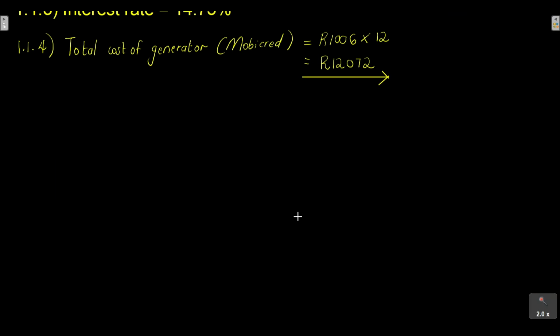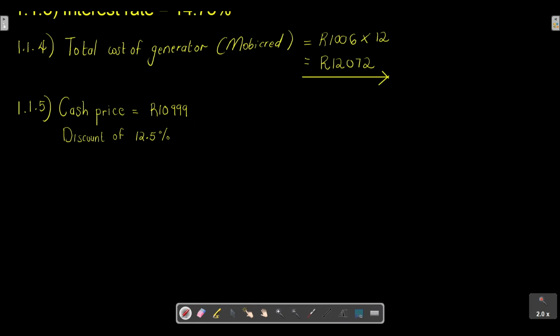So let's have a look here. This is question 1.1.5. We know that the cash price for the generator is equal to 10,999, and we are told that you're given a discount of 12.5%. So to determine the discount, we already know that 12.5% of this 10,999 is the discount given.